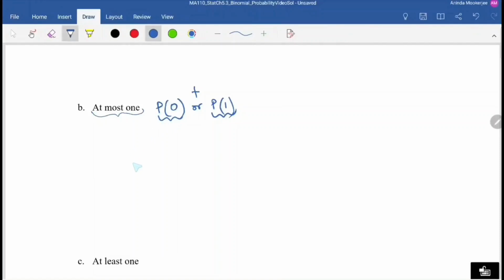Probability of 0 would be 3 combination 0, 0.8 to the power 0. This is our k, so 0.8 raised to the power k. Again, let me write the equation here one more time: n combination k, and then p raised to the power k, and 1 minus p raised to the power n minus k.